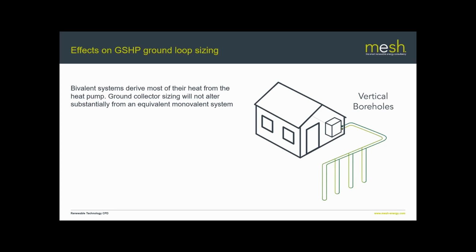So you think, well, okay, I'll put a bivalent system in. That means I'm going to have a smaller heat pump. It's not going to be taking as much energy from the ground, so I can then put a smaller collector in, which then means I'm going to get an economic benefit from not having to put in such a large collector array.